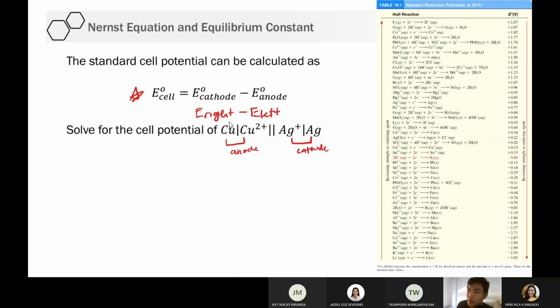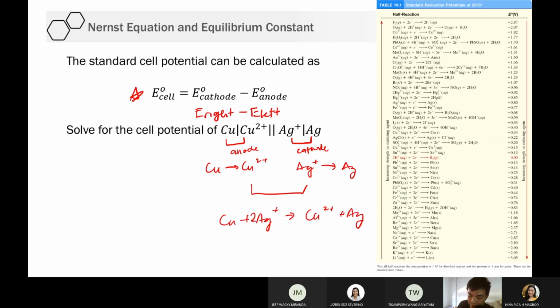So the left side of the cell notation tells you that copper is converted to copper 2 plus. That is the reaction on the left. And on the right side, you have your silver ion converting into silver. So you can combine those equations to create the equation Cu plus Ag plus producing Cu2 plus and Ag.